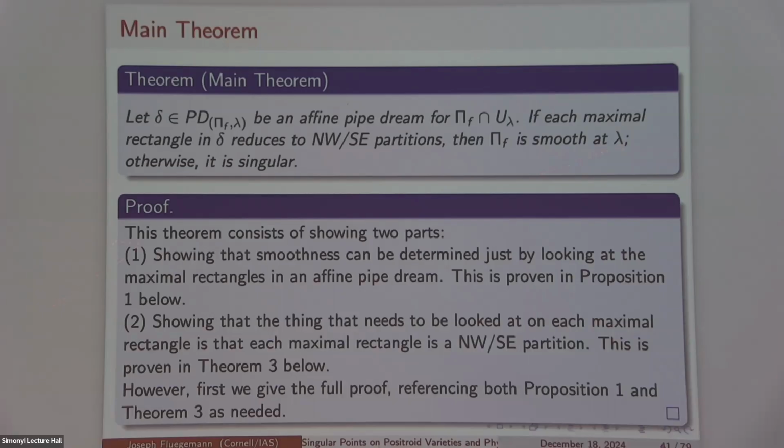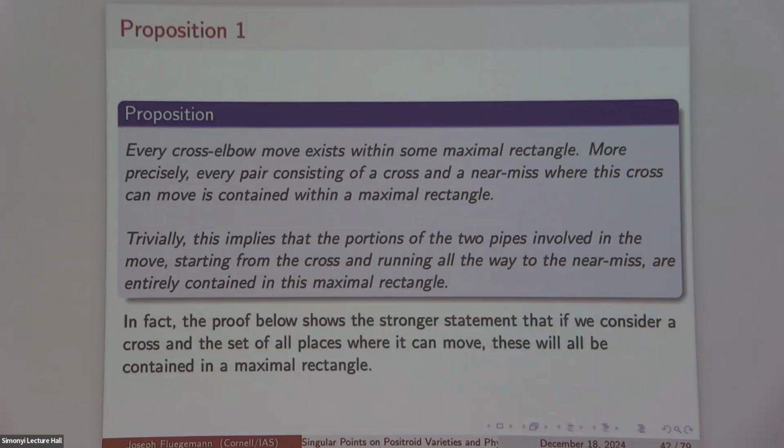So the proof is simply that you can determine whether there's a move on the affine pipe dream by looking at just these maximal rectangles. And the way to check that each maximal rectangle doesn't have a move is to see that it reduces to northwest southeast partitions. So there are these two parts.